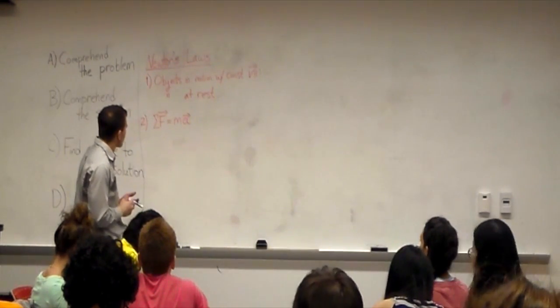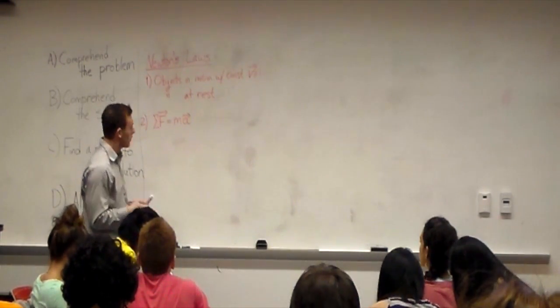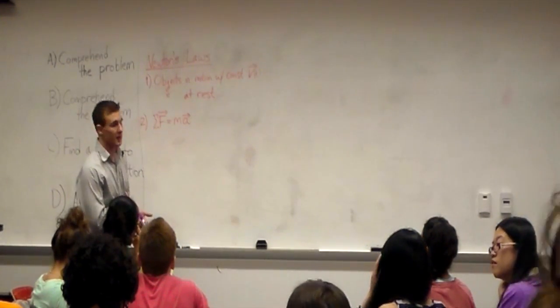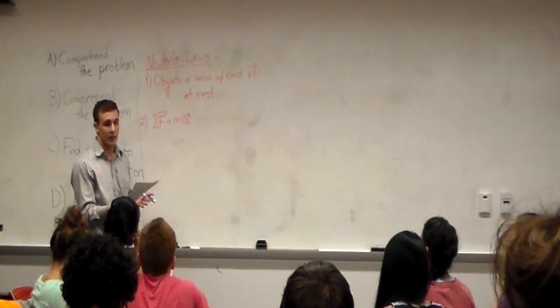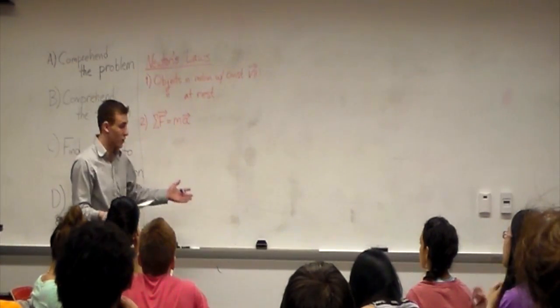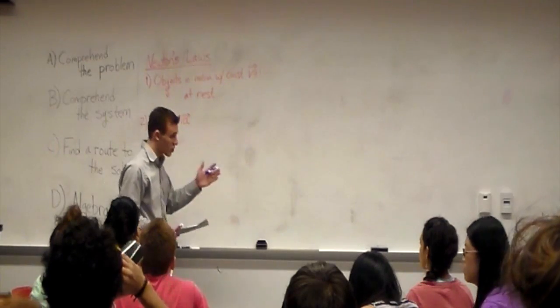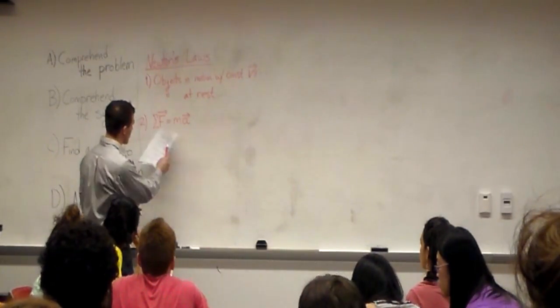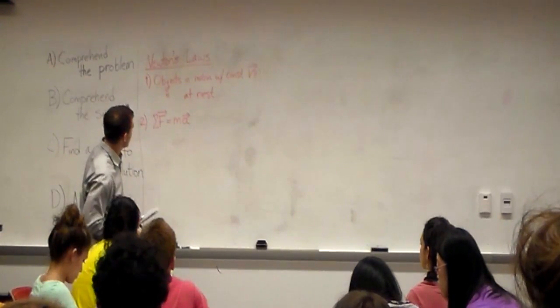So you can see that if the sum of the forces on a body are 0, then the acceleration is going to be 0, which means that the velocity will be constant. It could be 0, right? Zero velocity is a constant velocity, so it could be at rest, or it could be moving in a straight line with constant speed. Both of those are possible if the sum of the forces on the thing is 0.